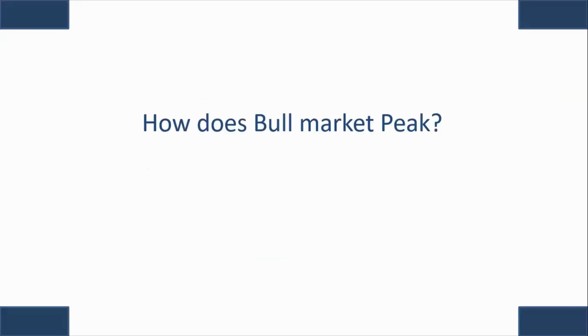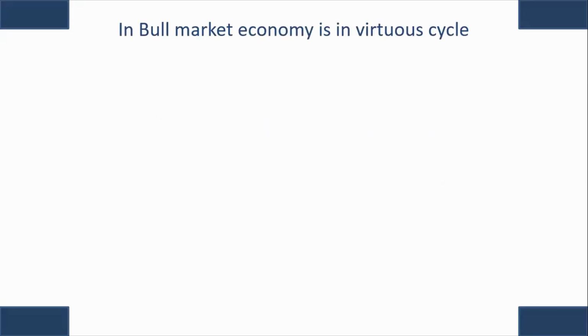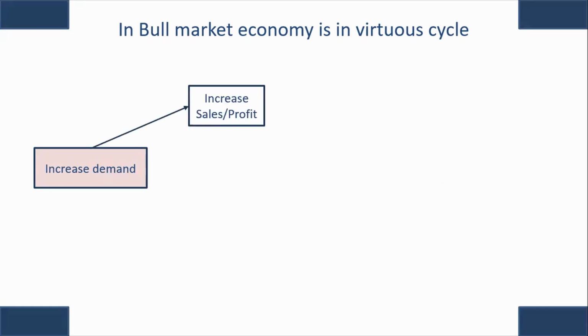So let's look at how a bull market peaks. What happens is in a bull market, the economy is in a virtuous cycle. There is a demand for products and services. Because of that, there is an increase in sales and therefore an increase in profit. And companies want to increase capacities, they want to make new factories to meet the demand.